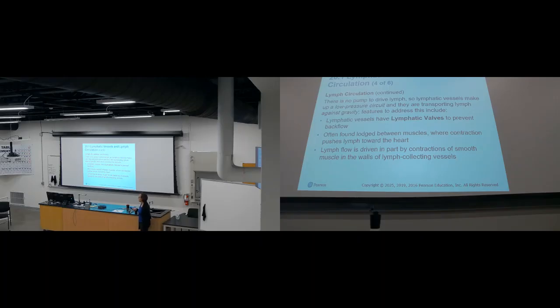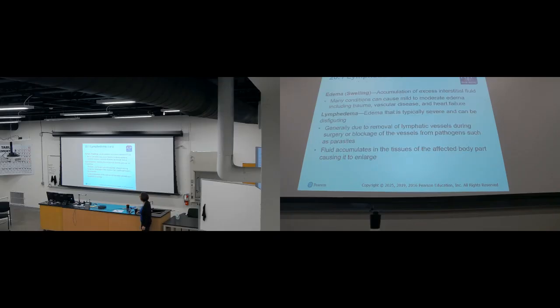Well, we have the lymphatic valves that prevent backflow, and then we have the muscles that contract these trunks, and then we also have the smooth muscle in the walls of the larger lymphatic collecting vessels, plus a negative force that we have in the thoracic area every time that we inhale, that causes the lymph to return into the circulatory system.